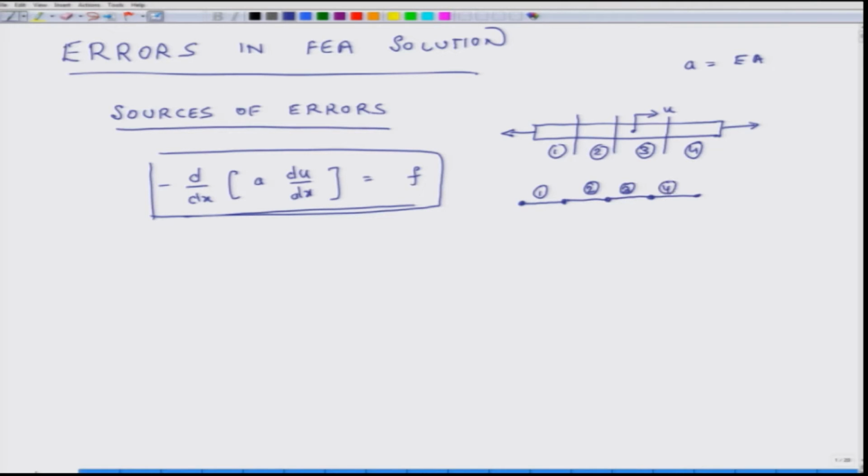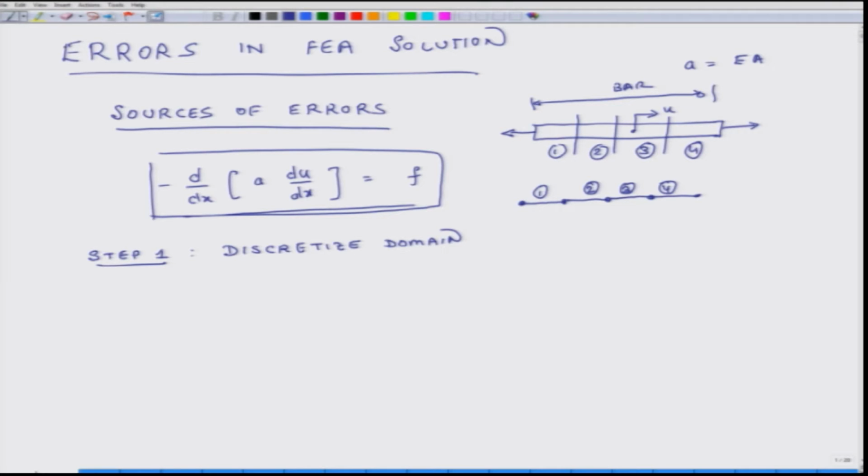These are the 4 elements. So, step 1 is to discretize the domain. In this case we have discretized the entire bar into 4 different elements.